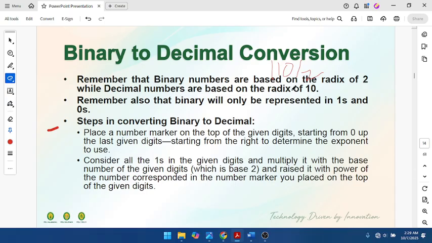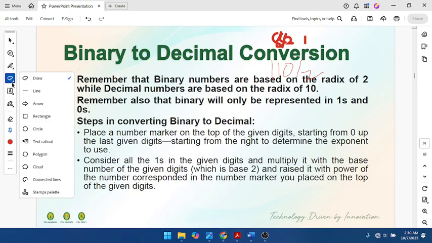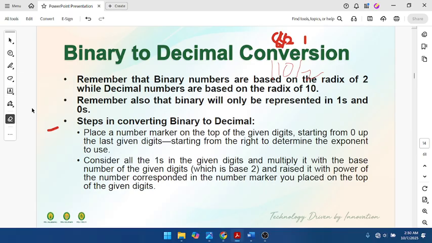For example, 1 times 1, 2, 4, 8. Now we have already assigned the positions. Wait, this is the binary to decimal conversion for a while. Sorry, let me erase first.